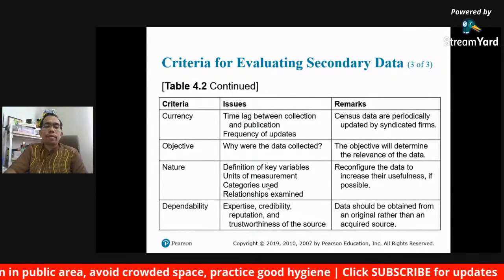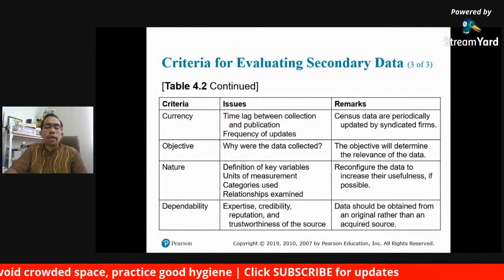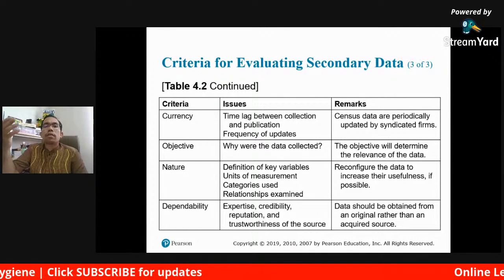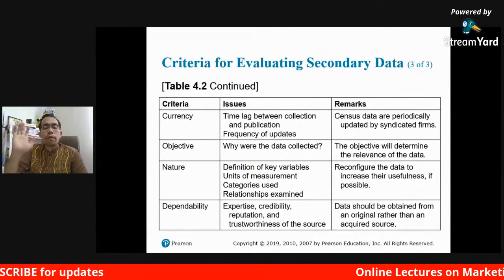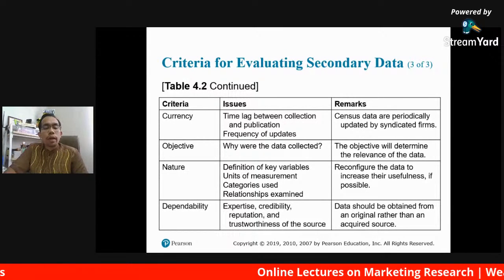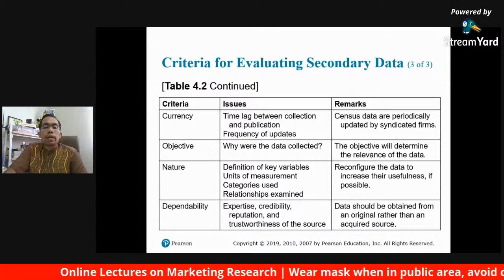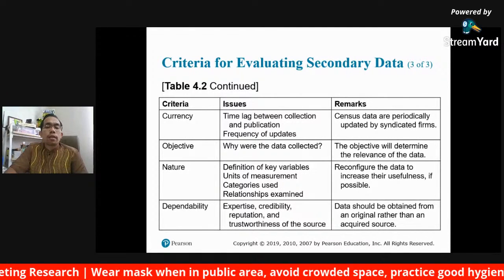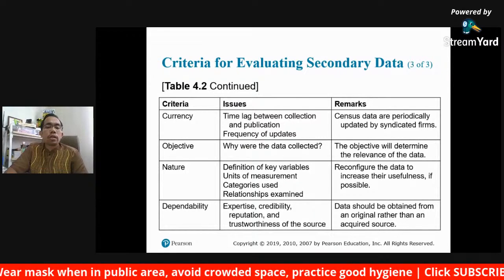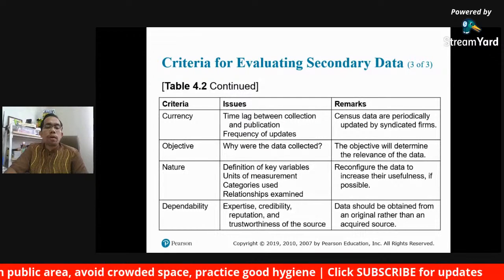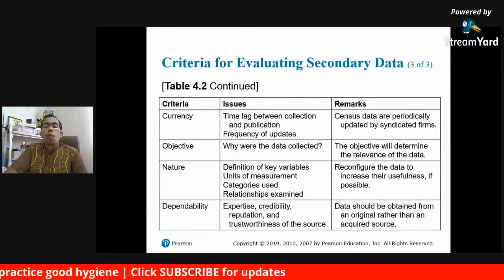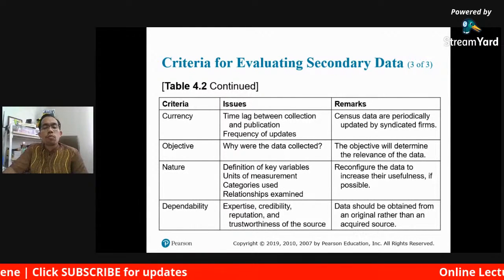The currency, timeline. Maybe some of the research was done 30 years ago and might not be relevant anymore. So we need to find something current. Objective: why were the data collected? Nature: definition of key variables, unit of measurement, categories used, relationships. Why do we need to know all the contents?